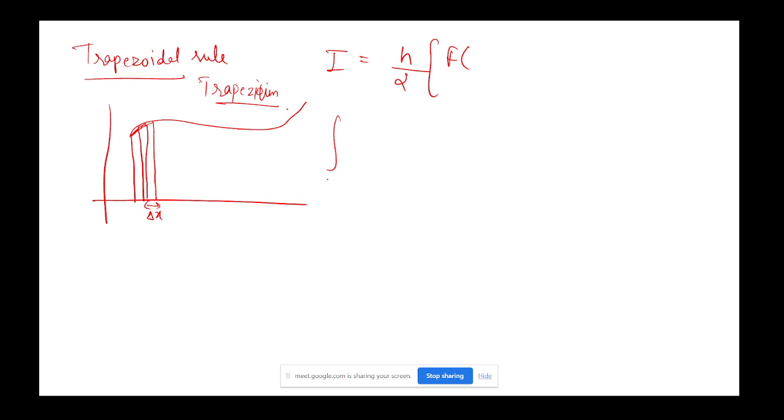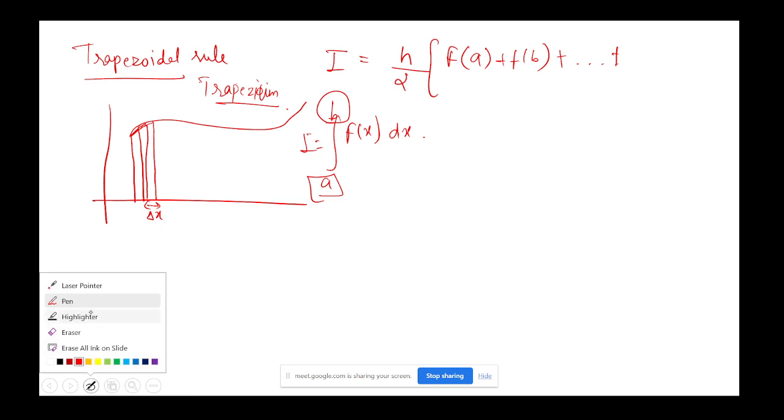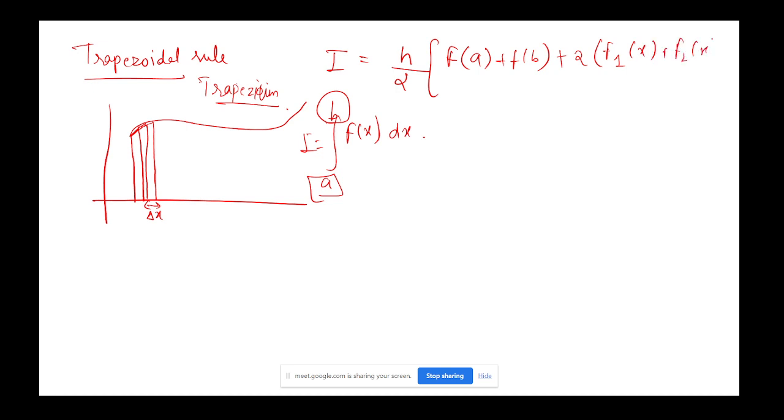For this integral from a to b of f(x) dx, what will be the answer? f at a, which is the initial point, plus f at b, which is the final point, plus 2 times the intermediate points, f1, f2, and so on.